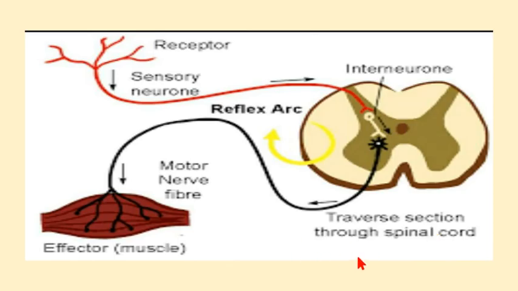Reflex arc is basically the path through which reflex action happens. See, receptors present in the skin get stimulated. The sensory neuron brings the message to the spinal cord. Here, when the axon of the sensory neuron reaches the gray matter, the relay neuron forms a synapse.